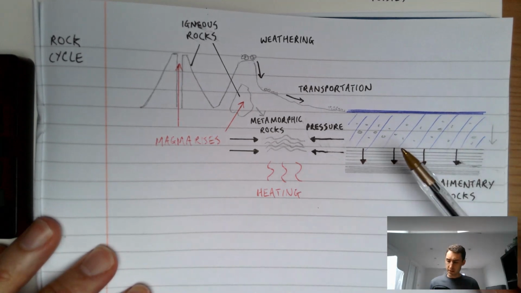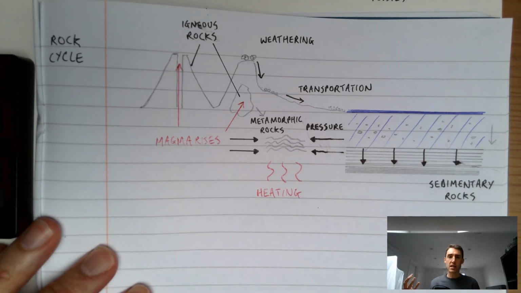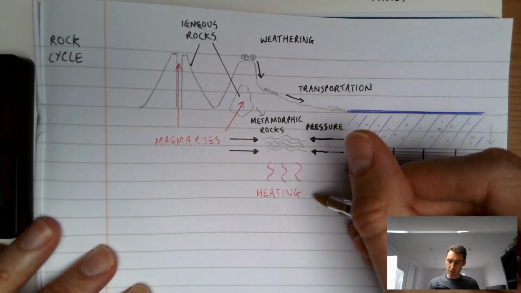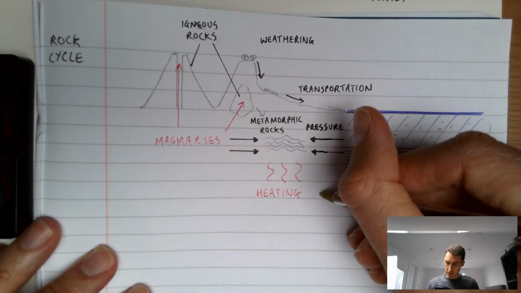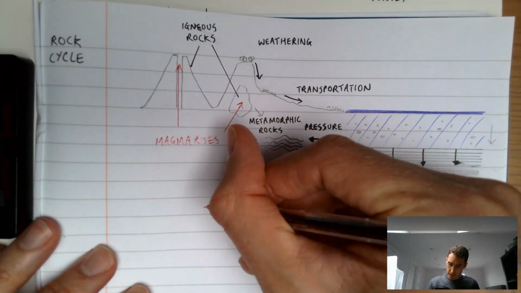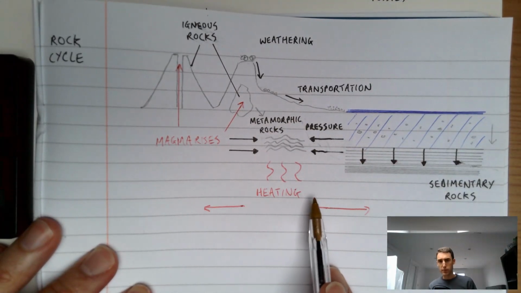Therefore these rocks that are buried deep underneath the Earth's surface are getting heated, and there's some deformation happening because of this high temperature that they are placed under. And then the other thing that's happening is you're still getting these movements of the mantle. So I could show the mantle moving this way or maybe this way. It depends. If we've got a constructive plate boundary here, then the mantle's likely to be moving that way.